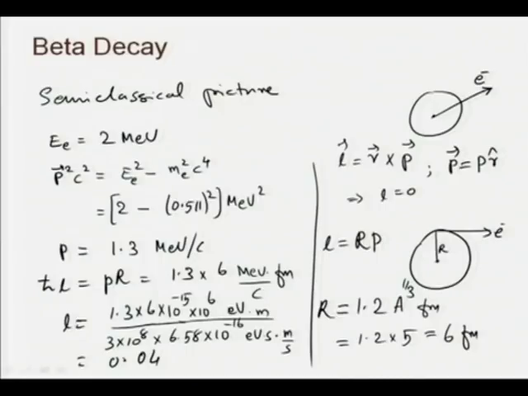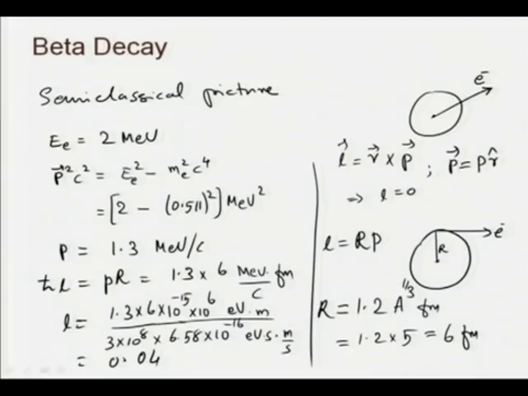So, that is a kind of a maximum expected value of the relative angular momentum of the electron coming from a typical nucleus with nuclear mass number A equal to something like 125, which is much less than 1, almost 100 times less than 1, and therefore, we expect that the L value, the orbital angular momentum of the electron coming out, is 0.